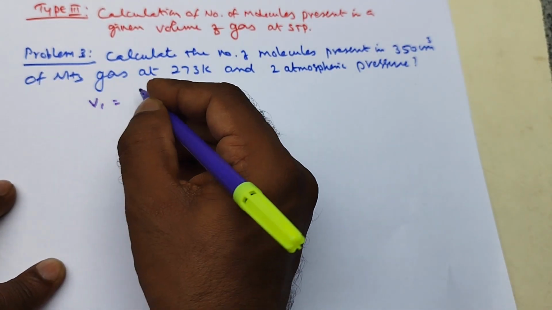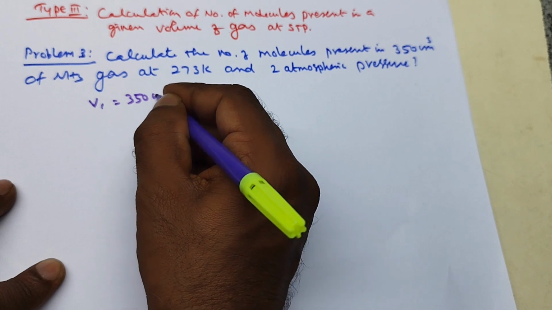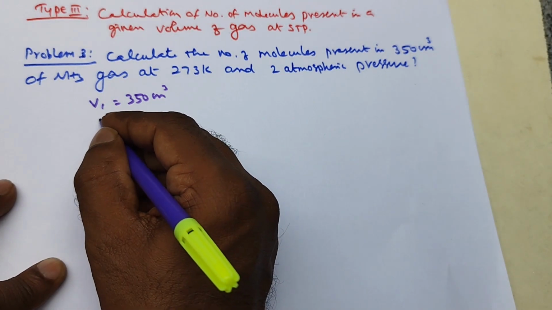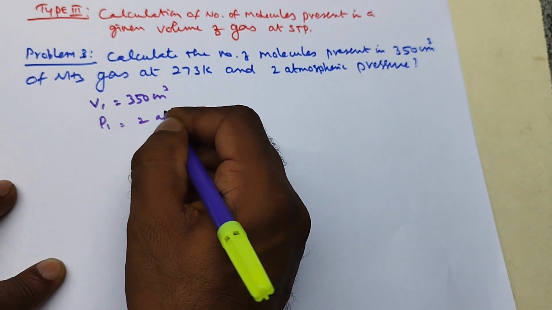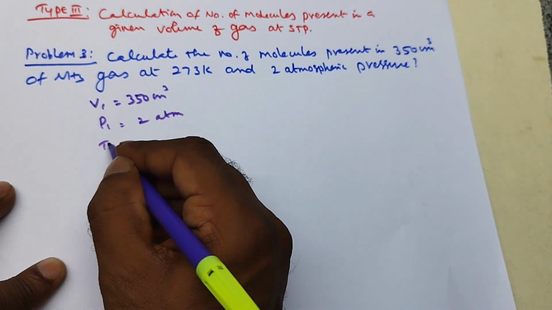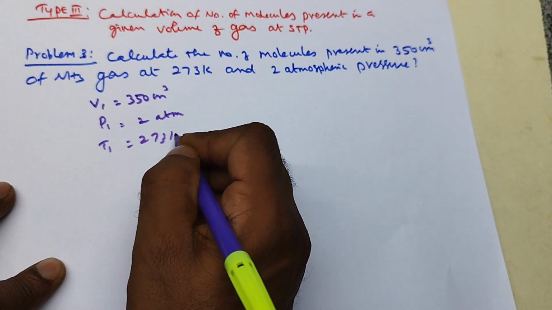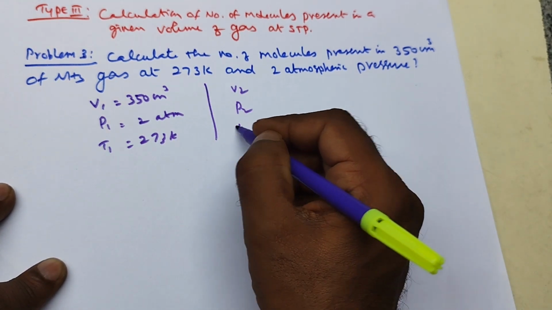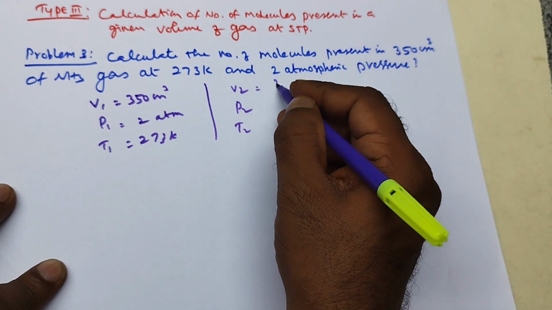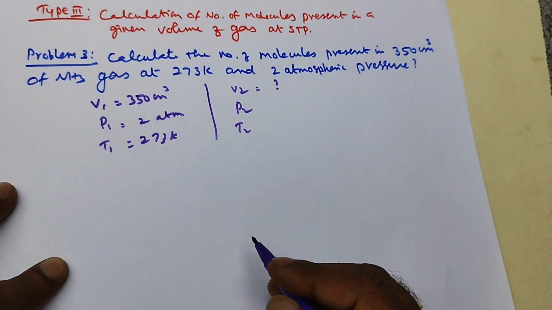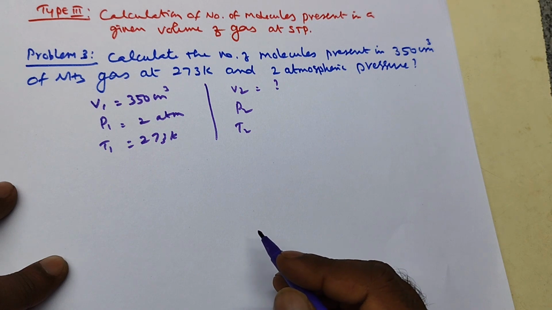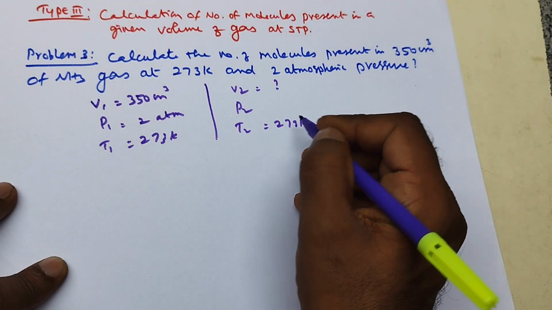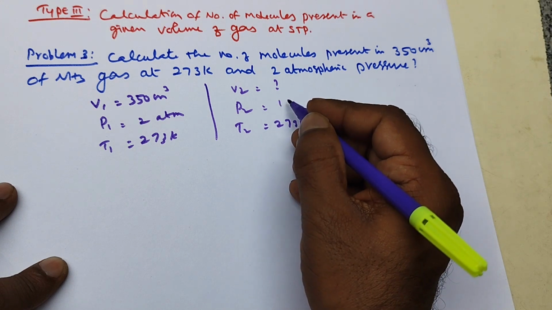V1 is 350 centimeter cube, P1 is 2 atm, and T1 is 273 Kelvin. At the same time, V2, P2 and T2: V2 is the question mark, so you have to find this volume. T2 is again 273 Kelvin, whereas P2 is 1 atm.